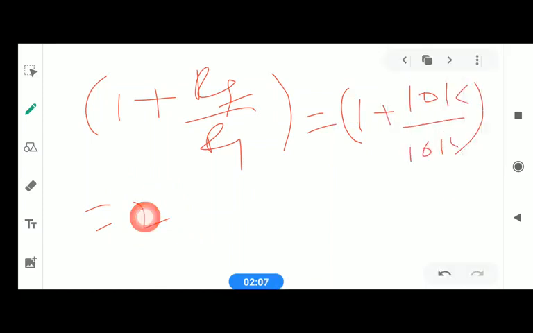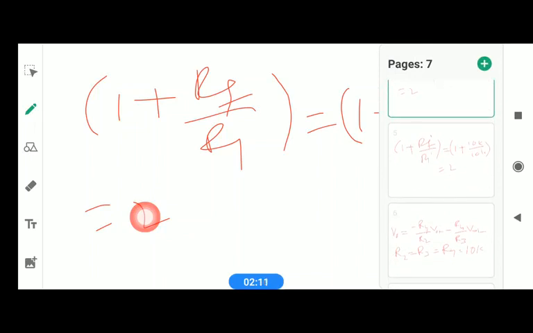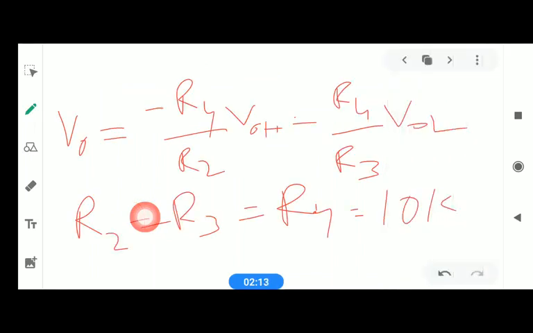Further, if you see the summing amplifier, the output is minus the sum of the signal coming from the high pass filter and the signal from the low pass filter, right?